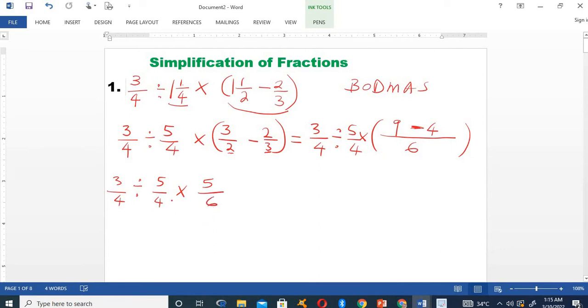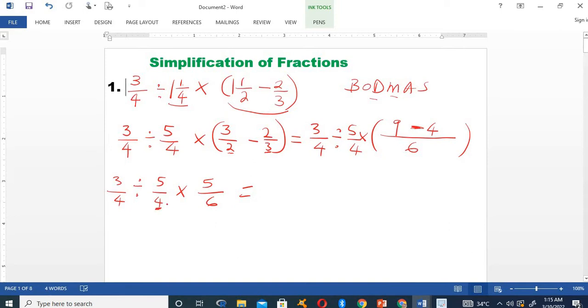I'm having everything outside now. So next is division. Remember D before M, which is multiplication. So that I will work on. So what I'm going to do is to change this division to multiplication. And if I do that, I'm going to change this fraction. The denominator becomes the numerator, and the numerator becomes the denominator.